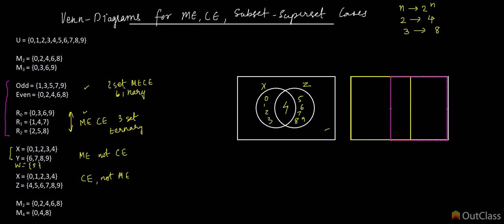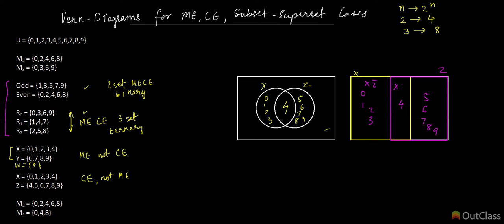Notice that this was X, this was Z, and what do you get as the elements? 4 will go here, 0, 1, 2, 3 will go here, 5, 6, 7, 8, 9 will go here. This region represents X, Z bar.